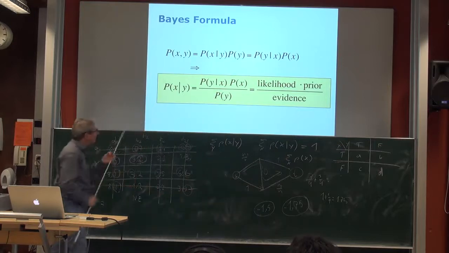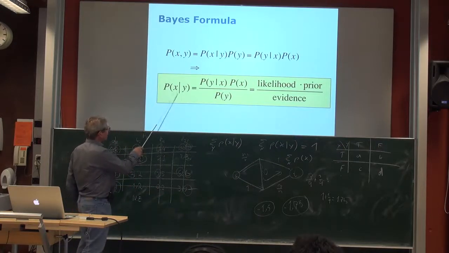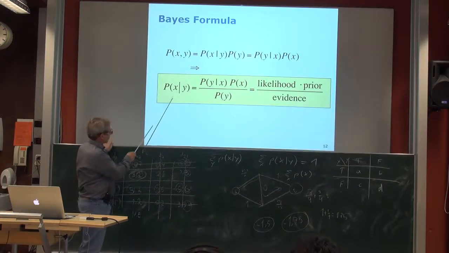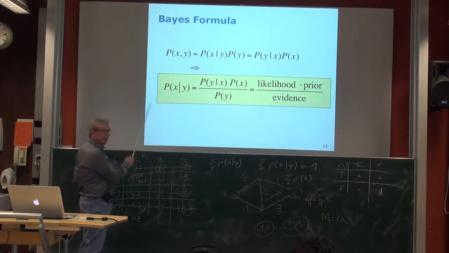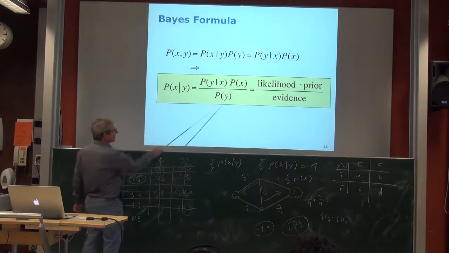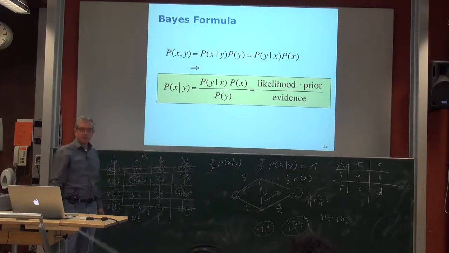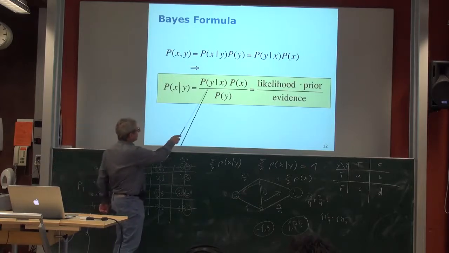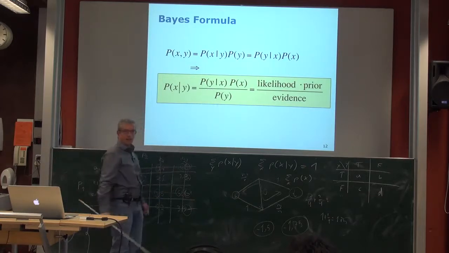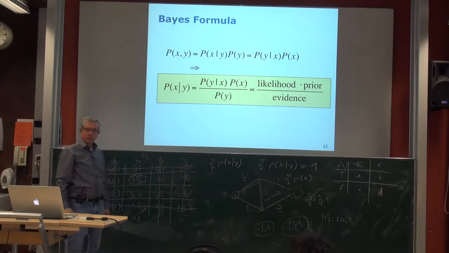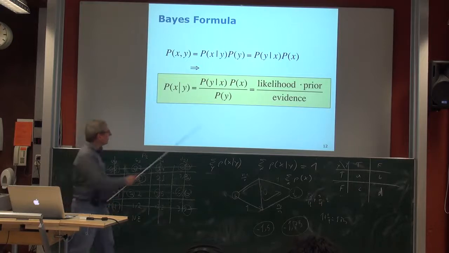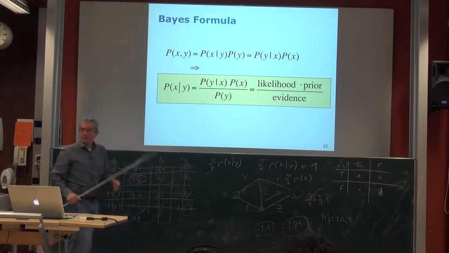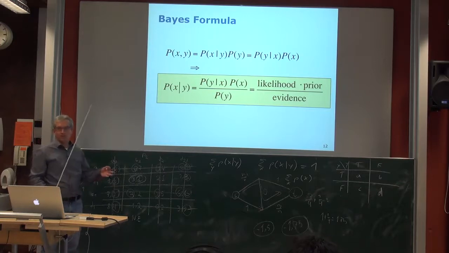And now, given we know that the sum overall x of p of x and y is 1, this exactly tells us what the quantity of p of y should be, if we know all the cases of y given x and x. Because if we sum them up, ignoring p of y, which is the same for all x, we will with high likelihood get a sum that is different from 1.